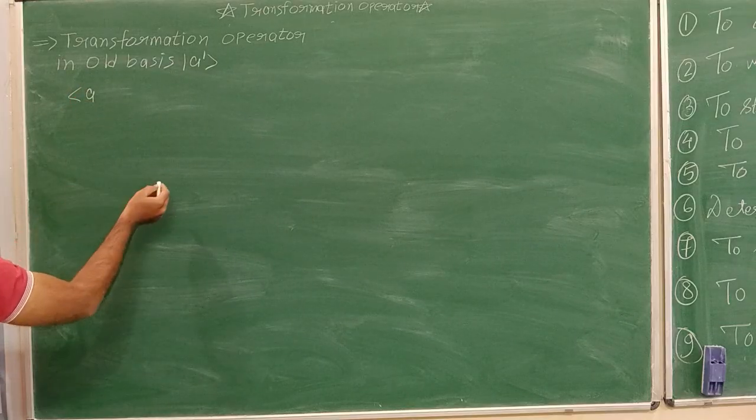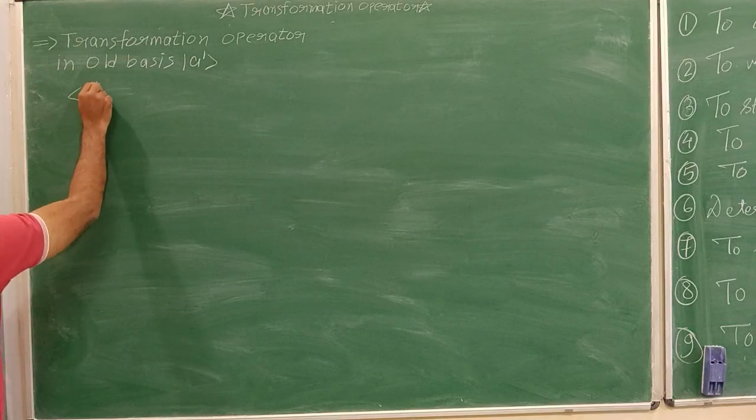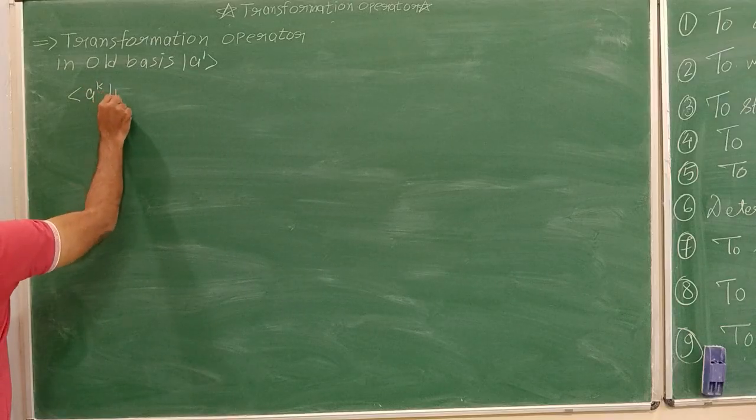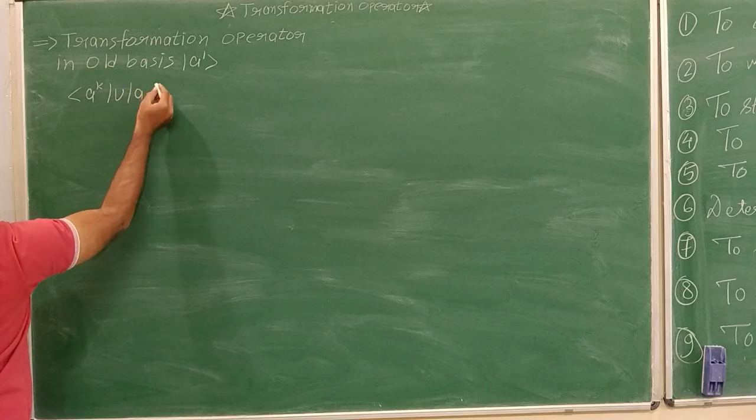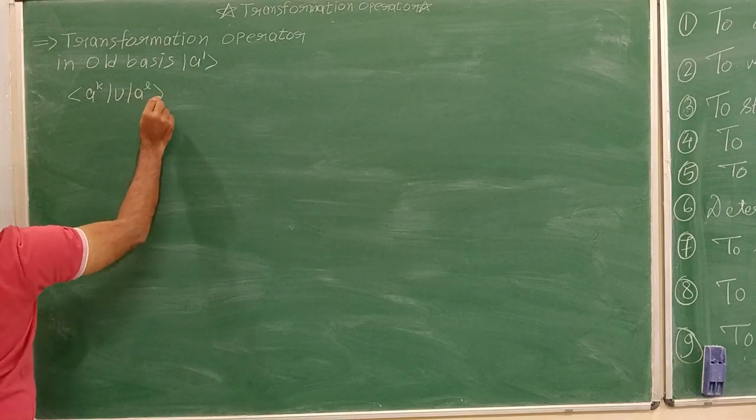Know that if I want to represent some operator U in matrix form, I just sandwich it between, let's say, the A kets.